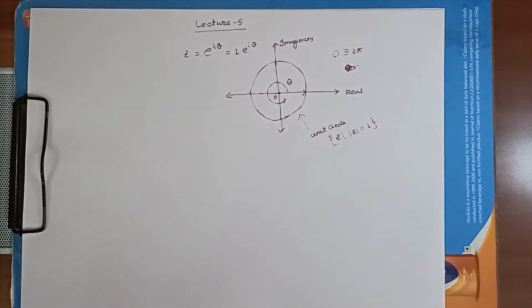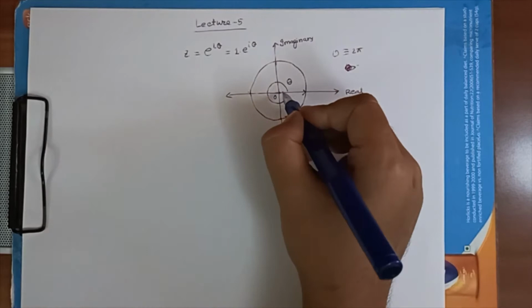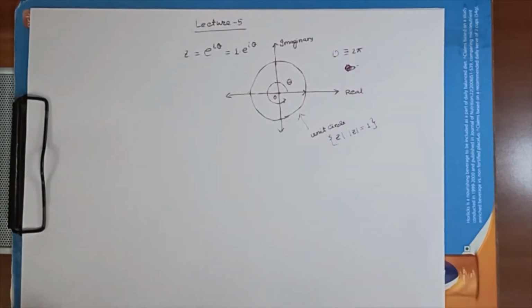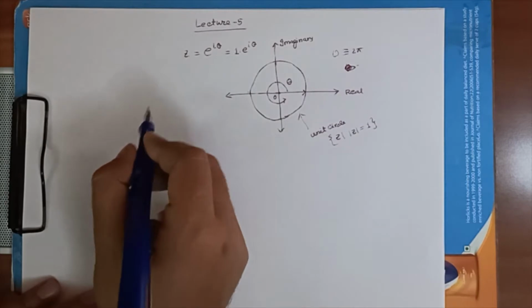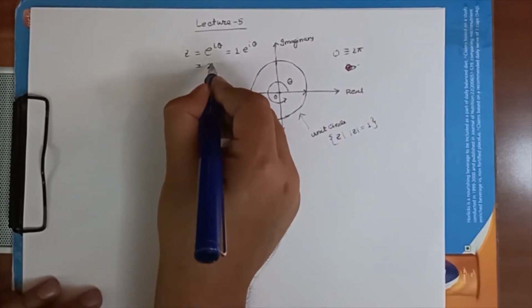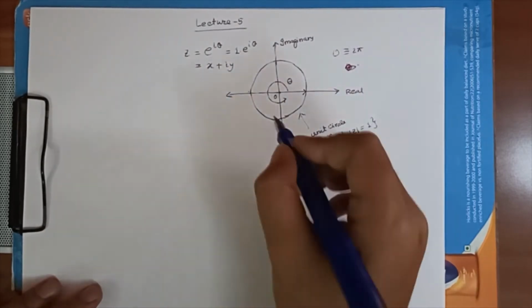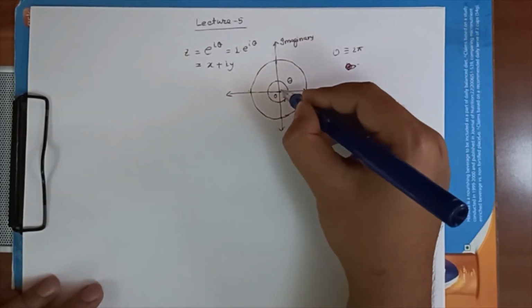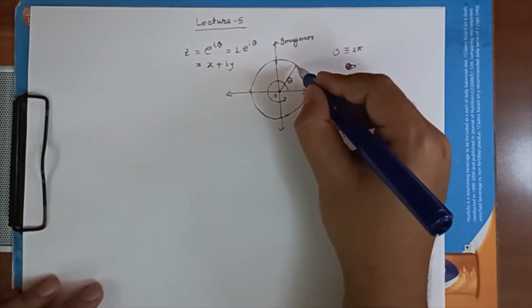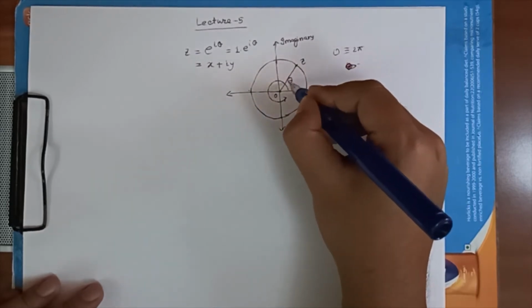The interesting thing is, for this phasor rotating on the unit circle, what will be its real and imaginary components, and how is the projection changing with the angle theta? Let us write z equals x plus iy, where x is the real value and y is the imaginary value. How can you compute x and y? Suppose this is the complex number z for a particular theta.